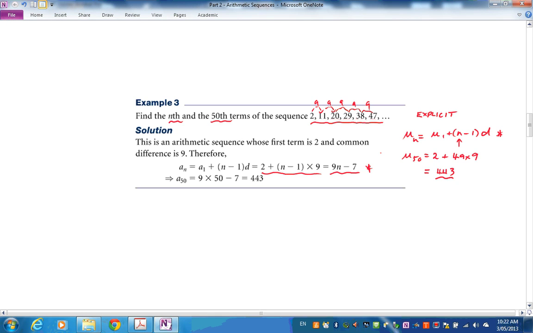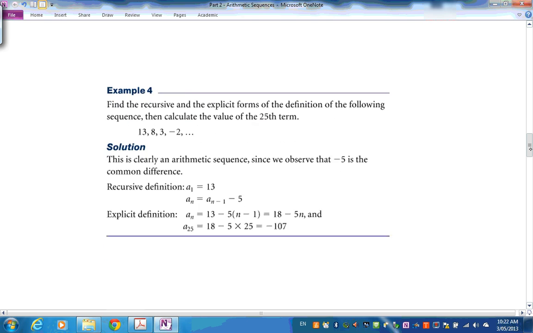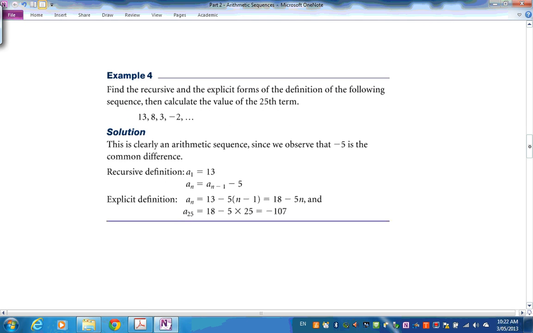Okay, so let's go on and have a look at another one, something else we can do here. Find the recursive and the explicit forms of the definition for the following. Calculate the value of the 25th term. So let's have a look. This is going down by 5, subtracting 5, subtracting 5.